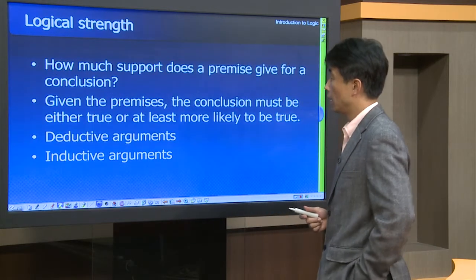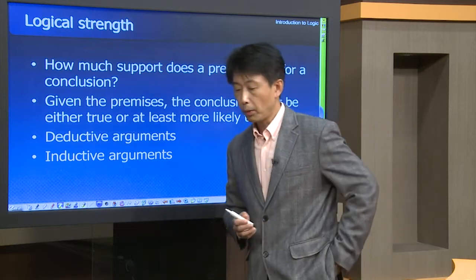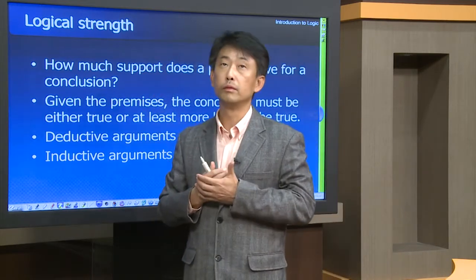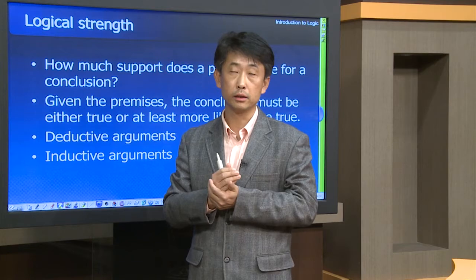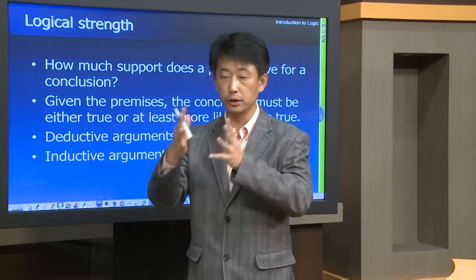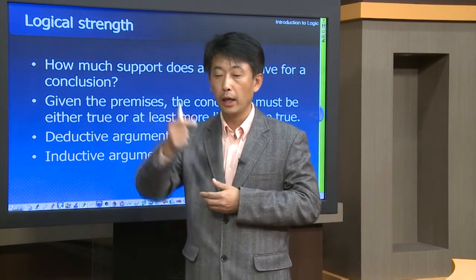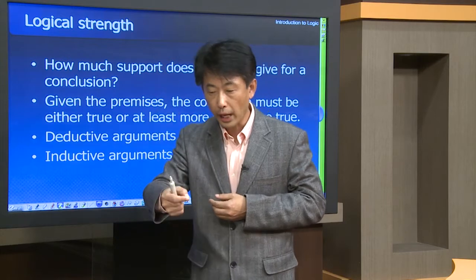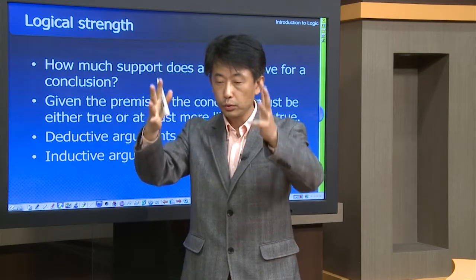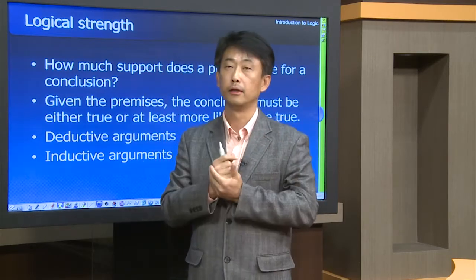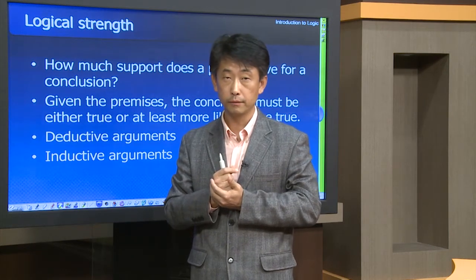Logical strengths. Okay. Now, suppose you recognize that this piece of writing contains an argument. Okay, this is the conclusion. These are the premises. And these premises support that part. And suppose you have a diagrammed argument.